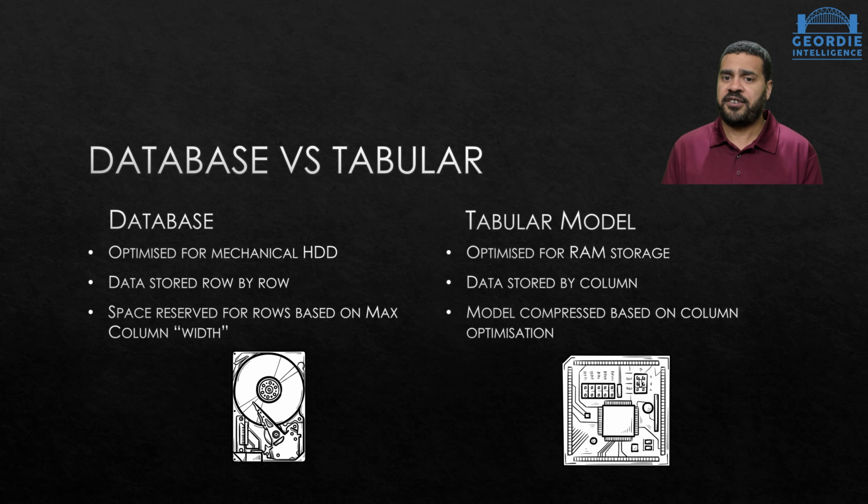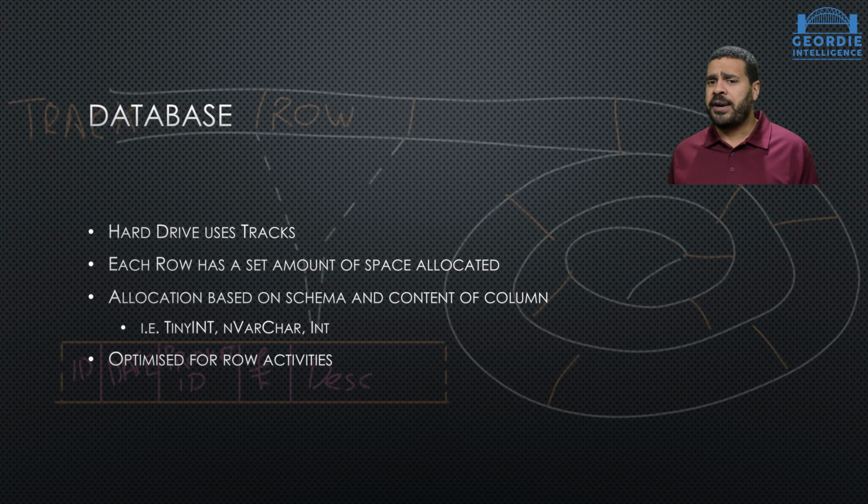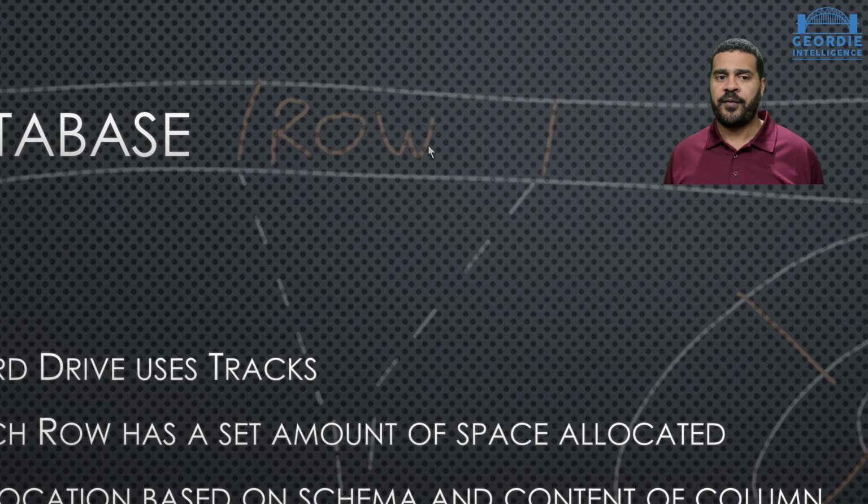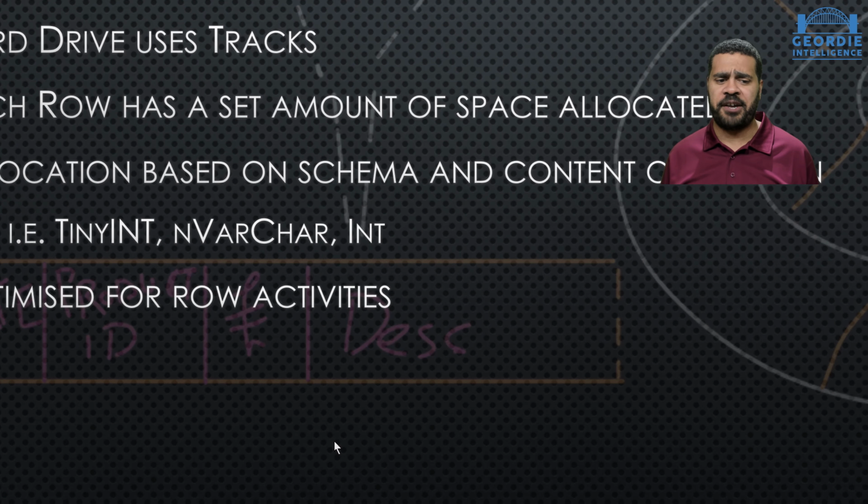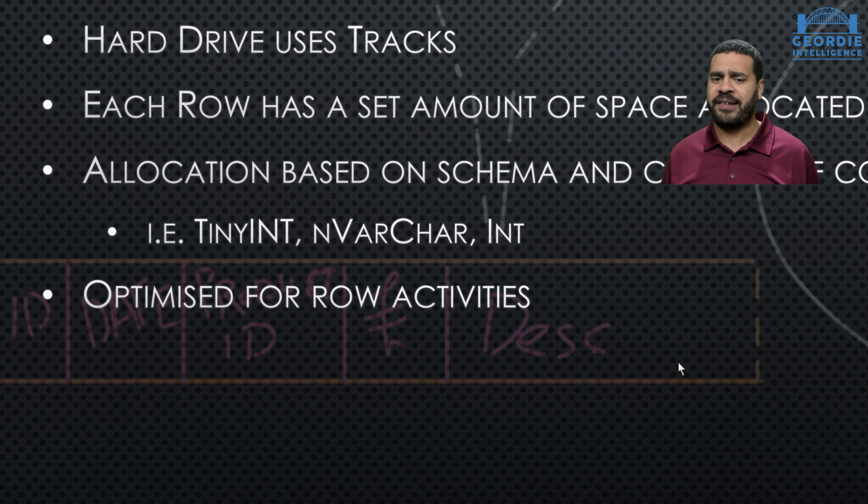Now we can compress it because we can say, well, what have we got for starters? And then what do we have in terms of uniqueness within that column? So what do I mean? If we look at this in detail, right? Remembering I wasn't hired and I haven't come into this for my artistic merits, right? But if we took the track on a hard drive, so like the bits going round and round in a spiral into the center, and unravel it a little bit, you'd kind of get to this point behind the scenes, where we've got a row on it, which is a certain amount of space, and then within that certain amount of space, we can see the columns that go up to make that certain amount of space.